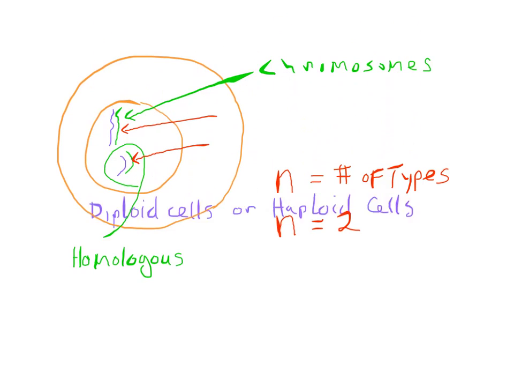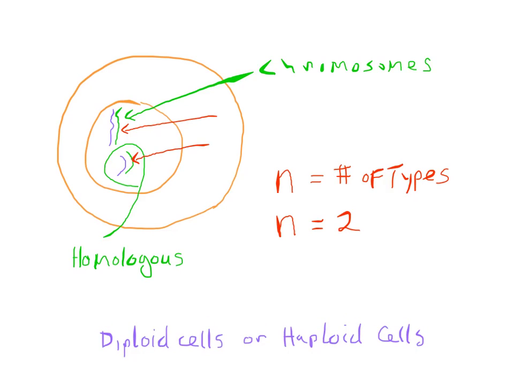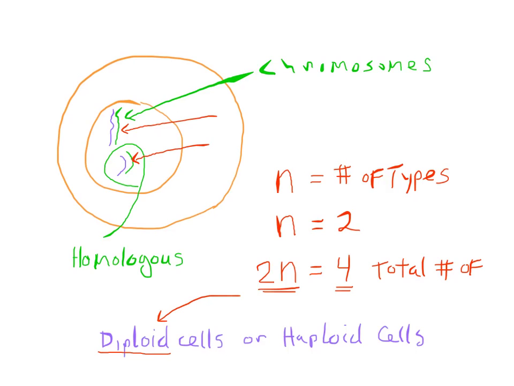This cell shows 2 of each chromosome type, so it's diploid. So we could abbreviate that with 2N equals 4. The 2N means it's diploid, and the 4 means the total number of chromosomes in the cell.